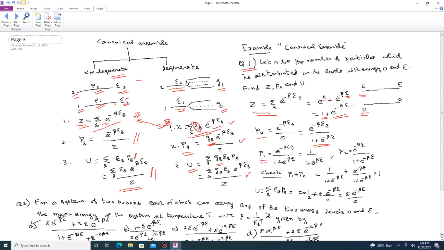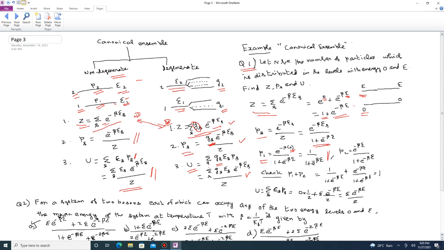P1 is given by e^(-β·0), since the energy corresponding to the first level is 0, so you substitute 0. So e^(-β·0) divided by 1 plus e^(-βE), which is equal to 1 divided by 1 plus e^(-βE).